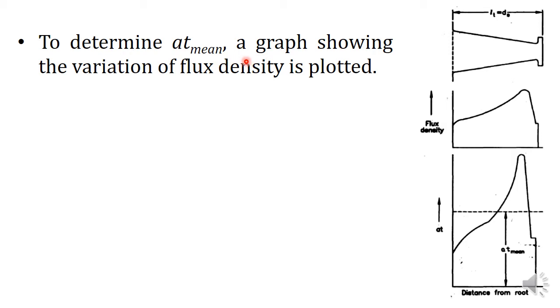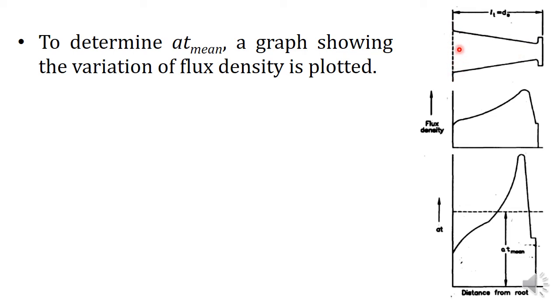For that purpose, we have to plot a graph which shows the variation of flux density. So let's consider this tooth. Here the tooth has more thickness at the bottom and it becomes tapered at the top. So here the area of cross section is less, here the area of cross section is more.